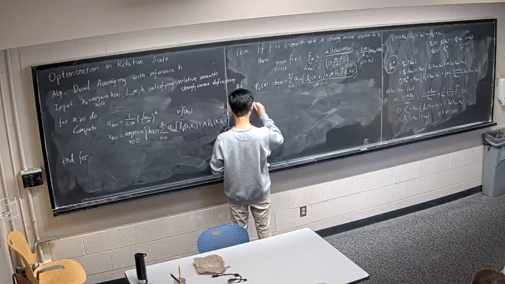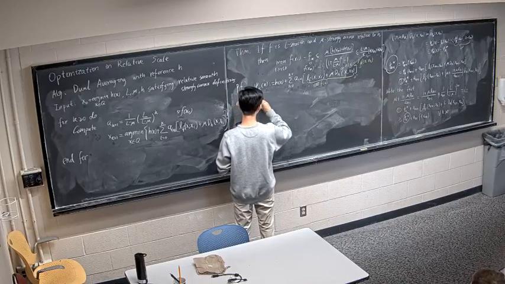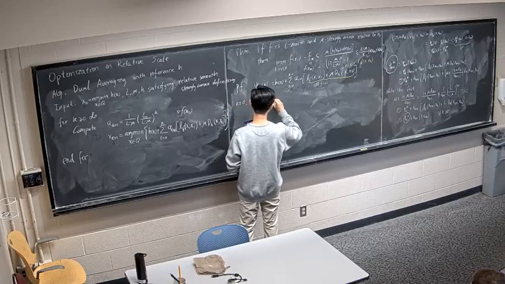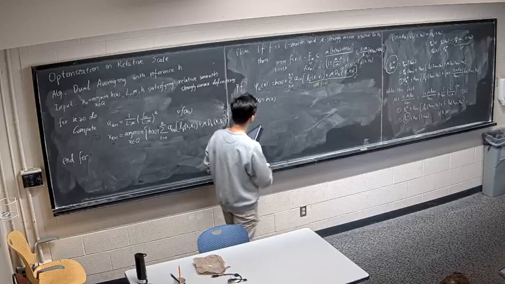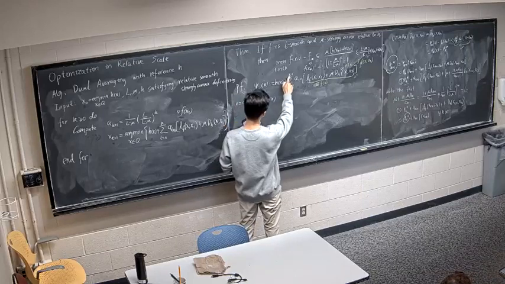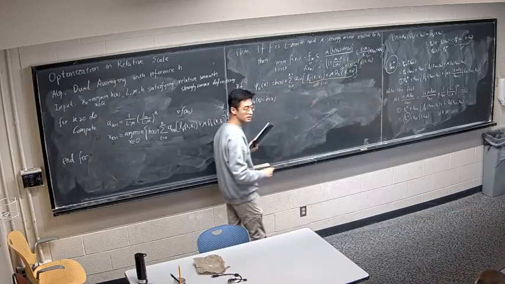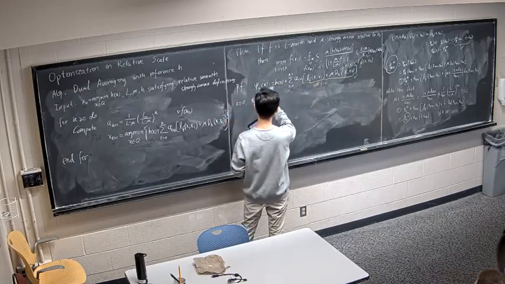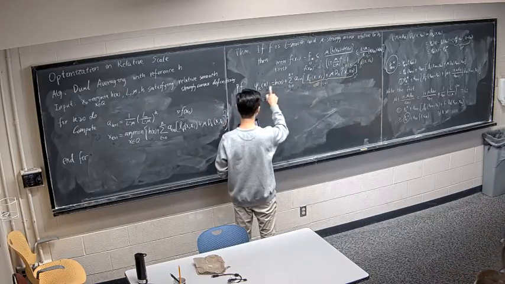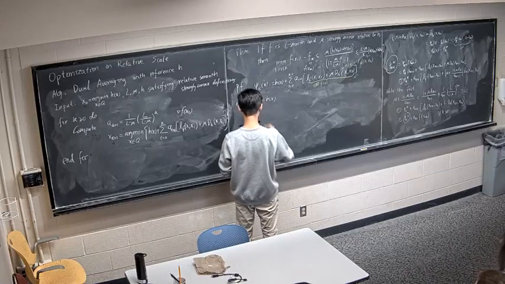For k equals 0, phi 0 of x is just h of x, because when k is 0, the summation is from 0 to minus 1, so this part doesn't exist. Phi 0 of x is just h of x.